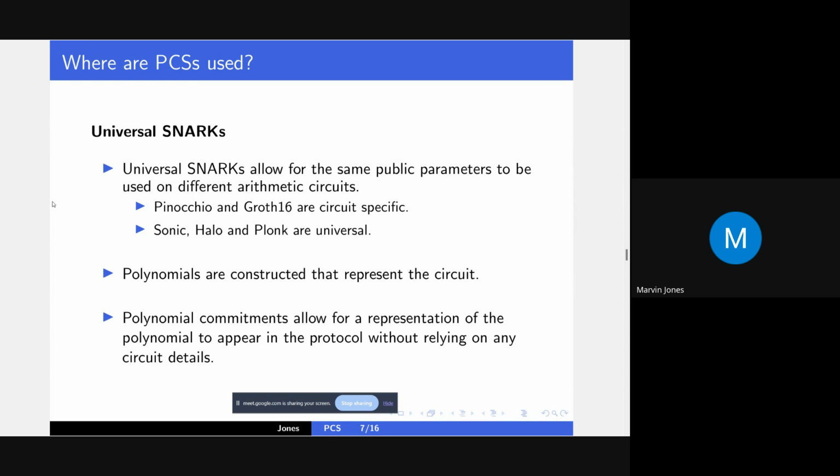If you knew you were only ever going to do transactions, Groth16 might be the way to go. I don't have a good reason why Zcash isn't using it at the moment, and I feel like I need to go look that up now, which is good. But yeah, so the moral of your question, I think I can answer. The specifics of Zcash, I don't think I can, if that helps.